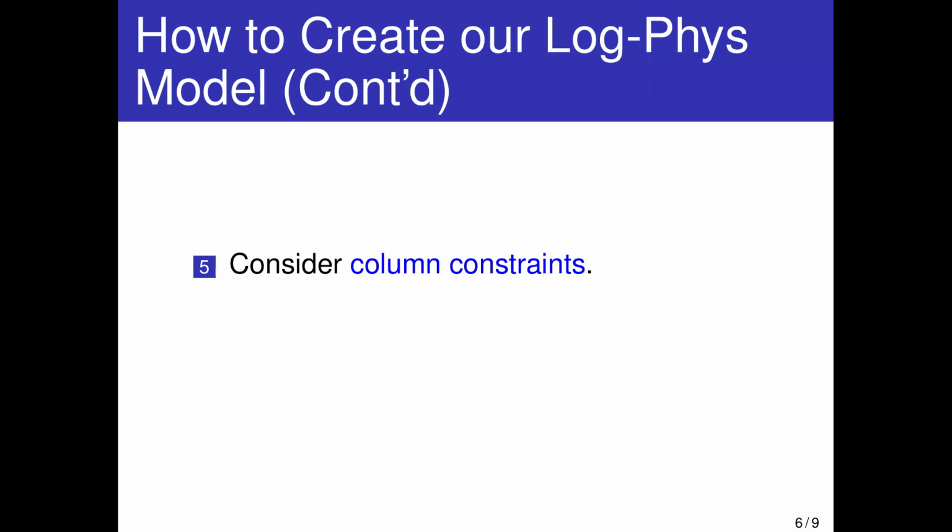We won't consider many types of column constraints here. We'll just consider 2 types, namely unique and not null. Unique means that no 2 rows in this table may have the same value for that column. And not null means that the cardinality starts with 1, because we have no higher cardinality here.